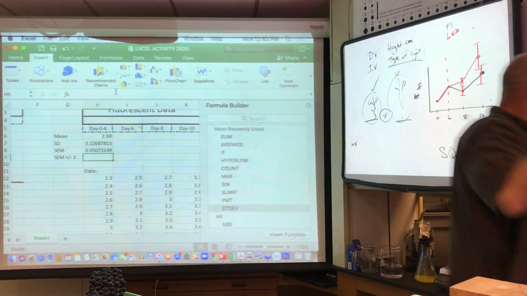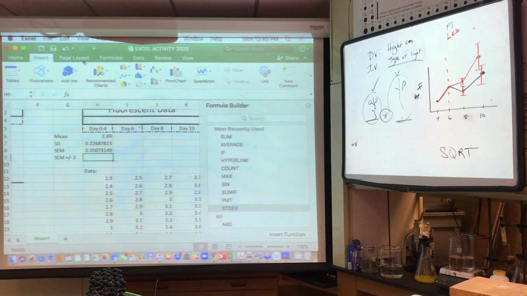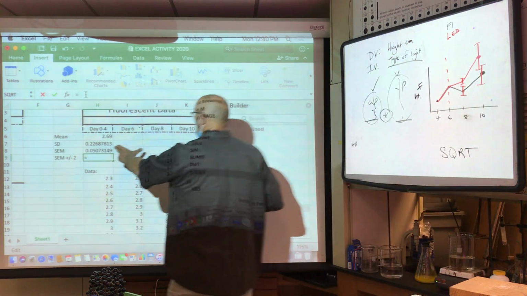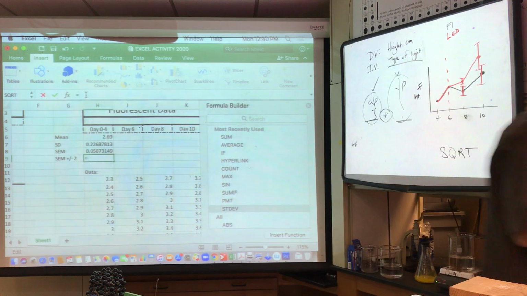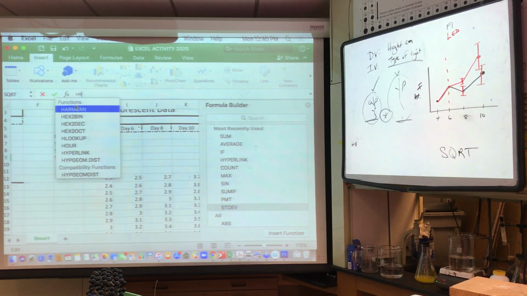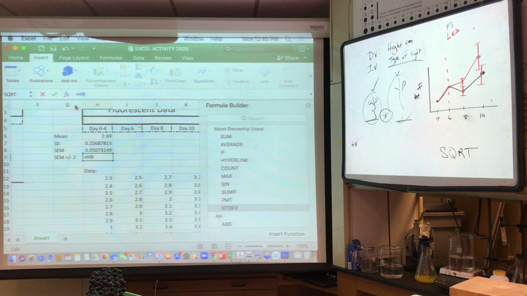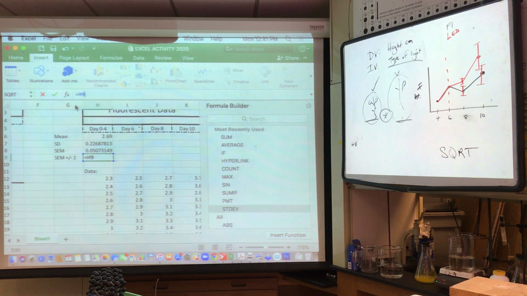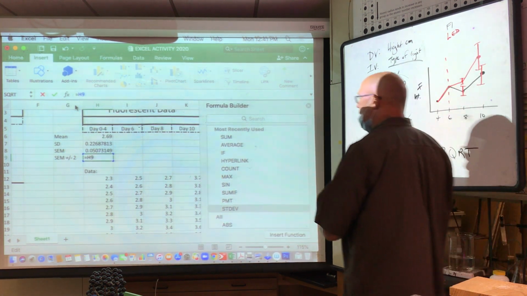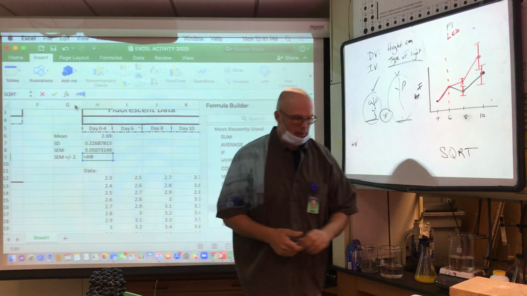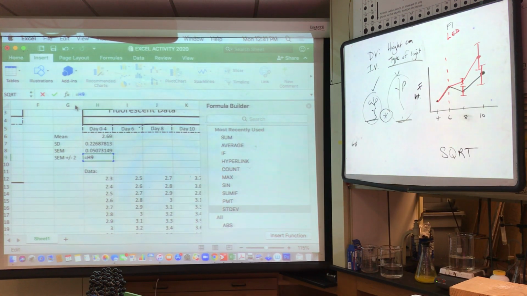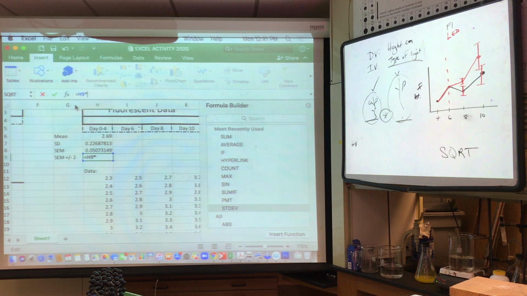So I need the SEM, so I click that, and I say equals, and I want it equal to this value here. For me it's H9, whatever it is for you. And times is just going to be an asterisk. If you do shift 8, you get that asterisk. That's the multiply sign in Excel.